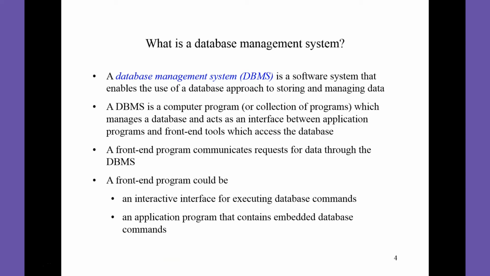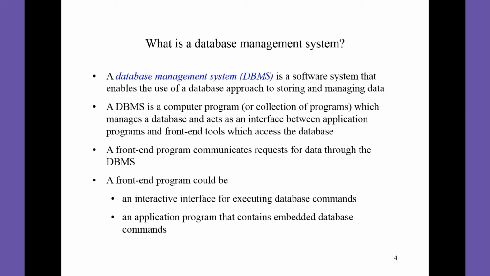An application program is another means of developing a front-end environment. So a front-end program that is an application program contains embedded database requests. These requests are also written in SQL for a relational database system. And that's going to be one of the selling points of relational database that we'll discuss a little bit later.